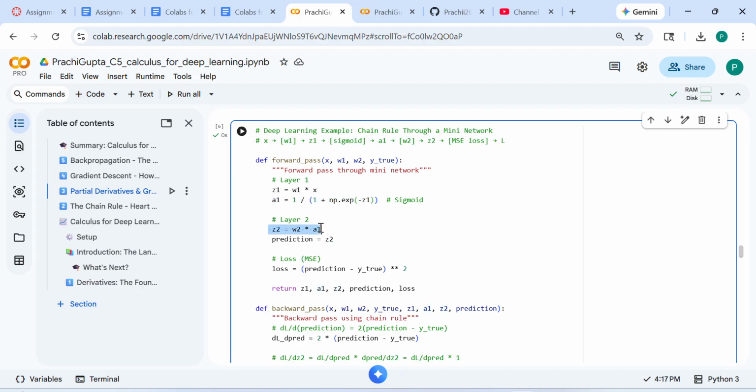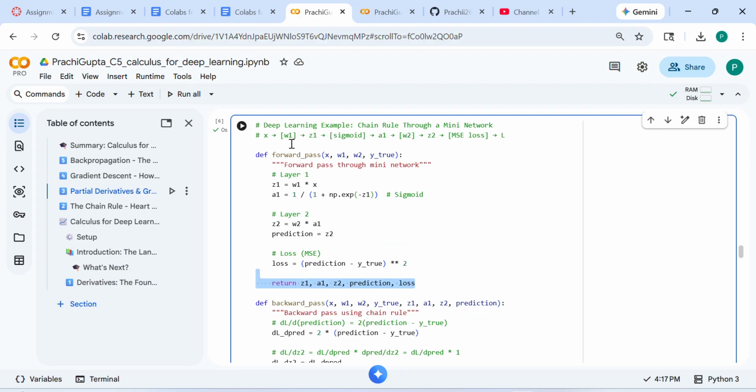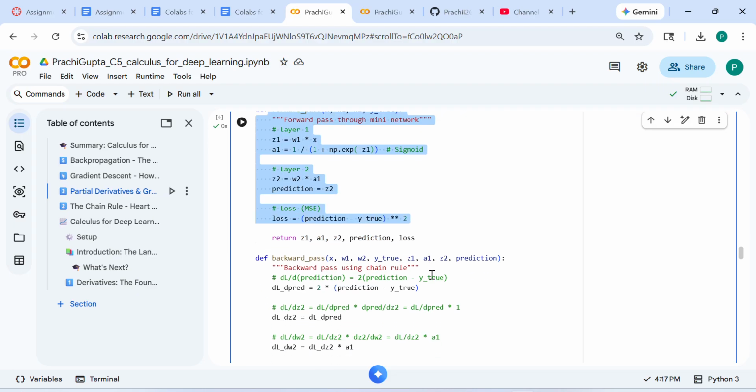The z2 that we get will be our prediction, and then we have to compute the loss. So loss is equal to (prediction minus true value) squared, times 2. This is how we calculate the loss, and then we return all these values. So this is our forward pass through the mini network.